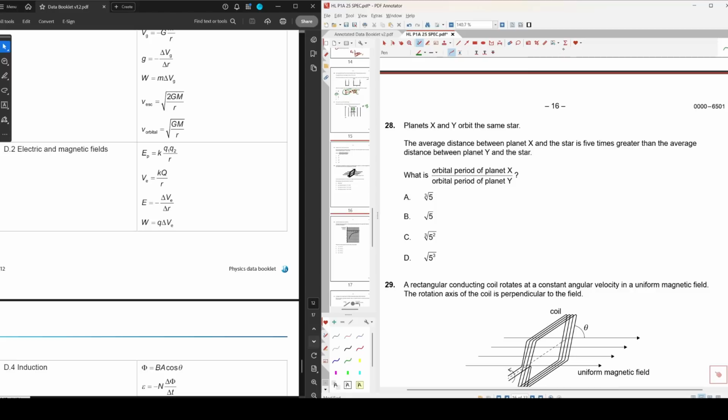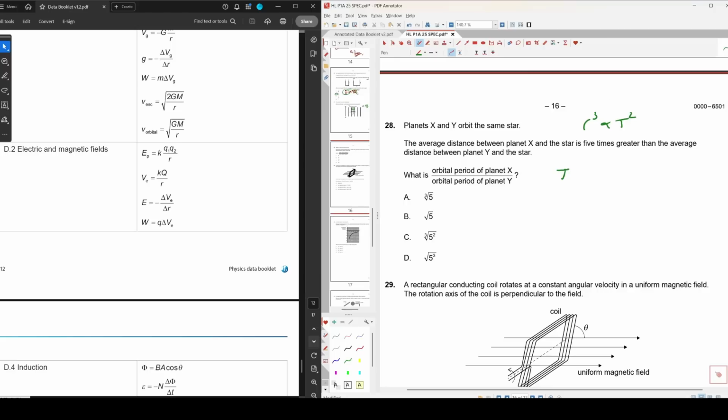Okay. Oh, this is the Kepler's law thing. R cubed, T squared. My favorite droid. Is a good way to remember this. The radius cubed is proportional to period squared.